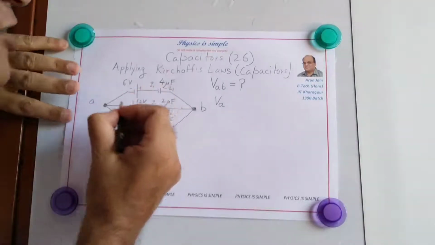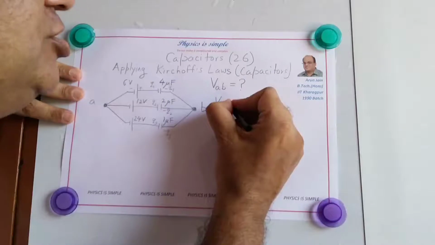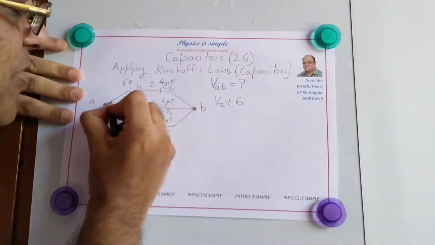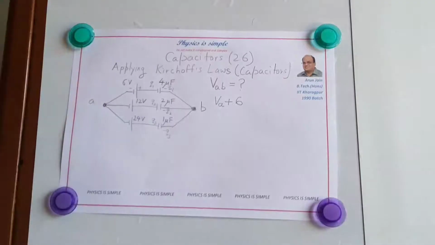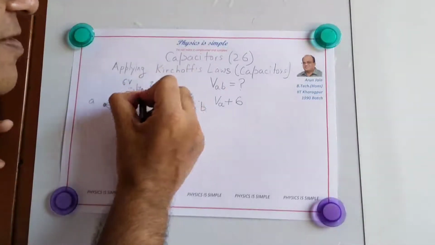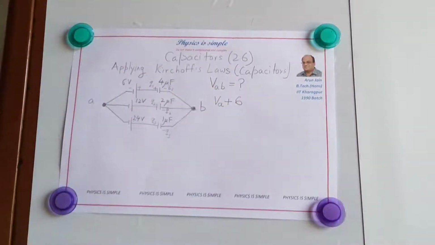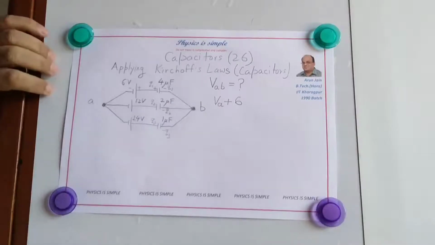Going from minus to plus, the potential increases by 6 volts. Now we keep on going, we come to this capacitor. Here we are going from plus to minus. We have assumed this to be plus and this to be minus. So we are coming down in potential.